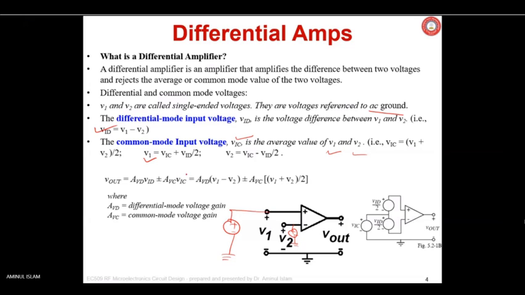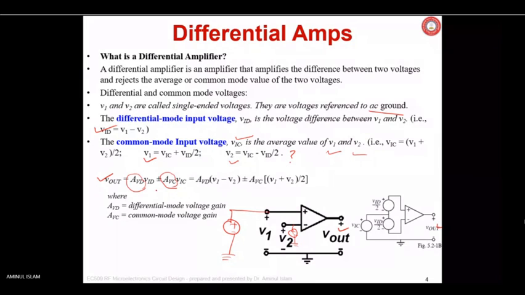So we can write that V1 equals VIC plus VID by 2 and V2 equals VIC minus VID by 2. Can you write or not? Is it correct? Yes, sir. So the output voltage V out of this differential amplifier is AVD into VID, where AVD is the differential mode voltage gain, and AVC is the common mode voltage gain.